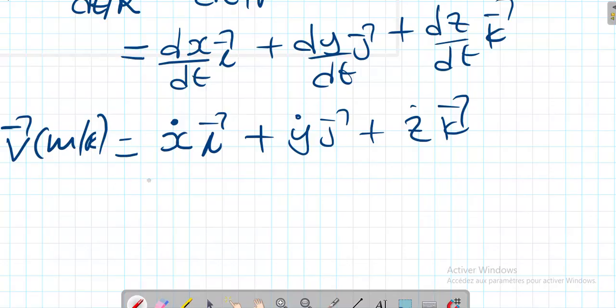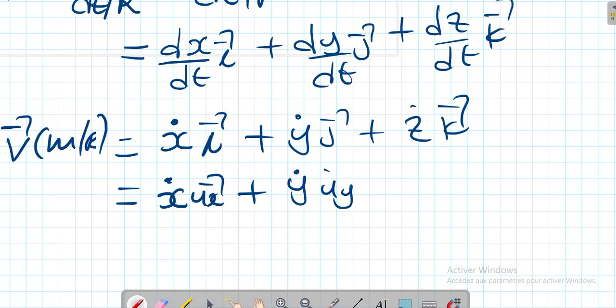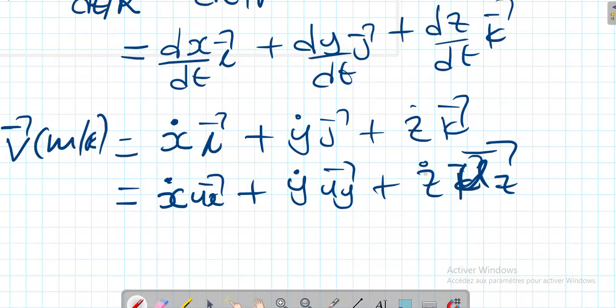Okay, then from our CIMA, you're going to be using x point ux plus y point uy, then plus z point uz, the unit vector in the direction of z. So instead of using E, G, K, you're going to be using ux, uy, and uz.